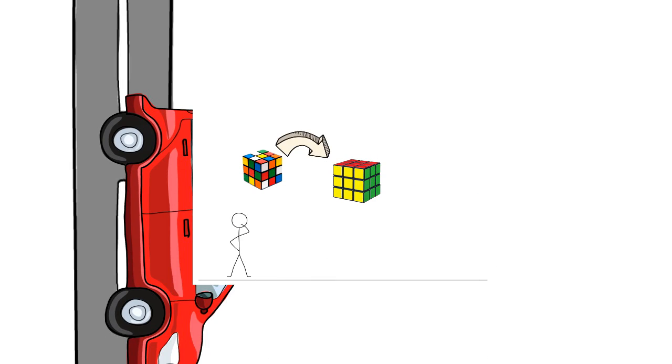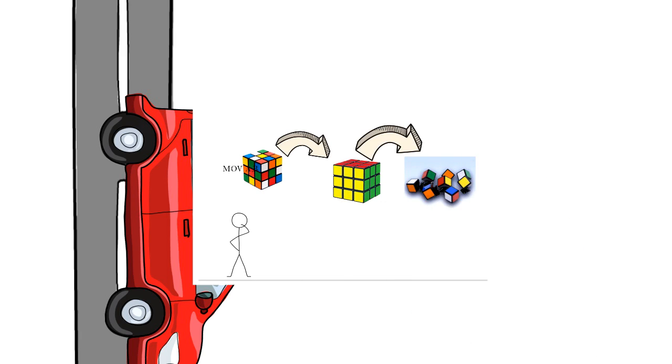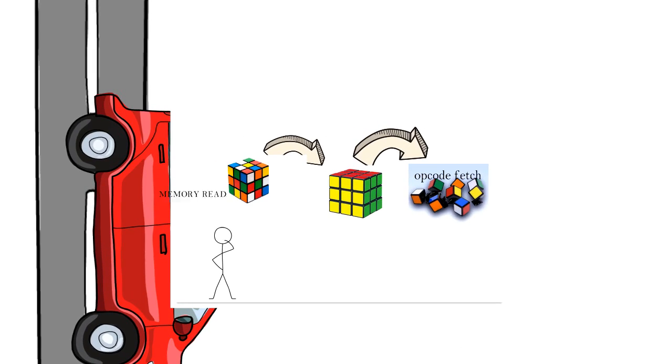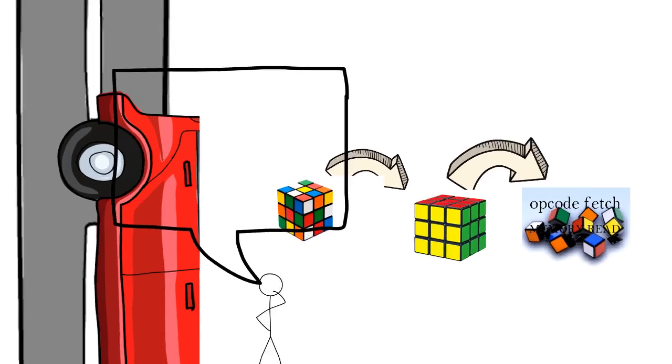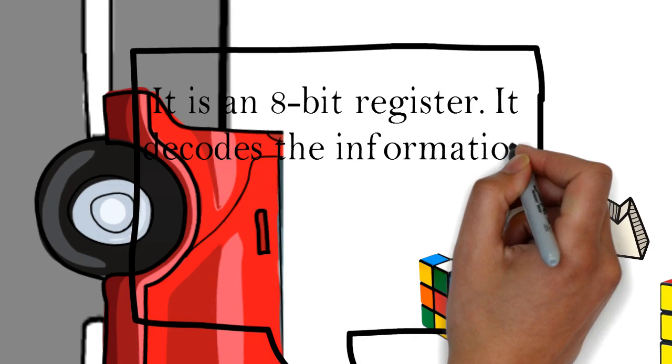All units show the different machine cycles. It is an 8-bit register. It decodes the information present in the instruction register.